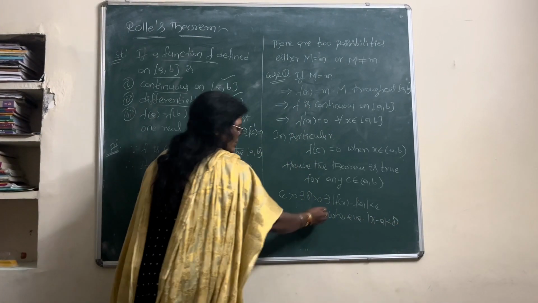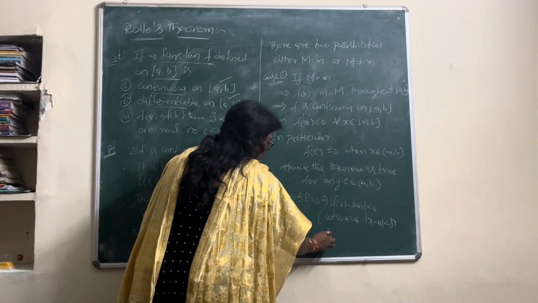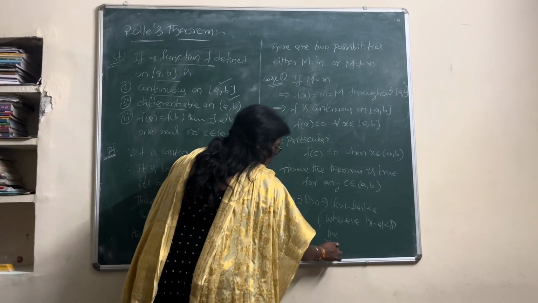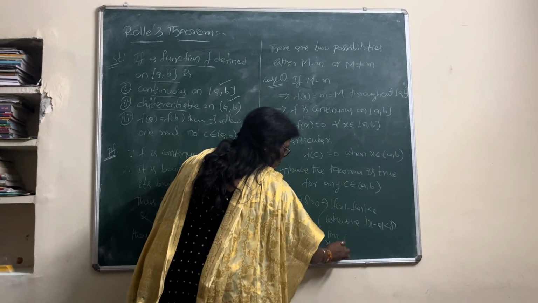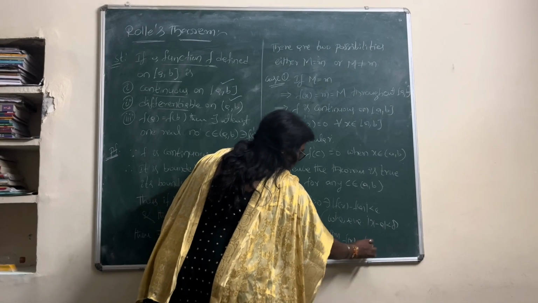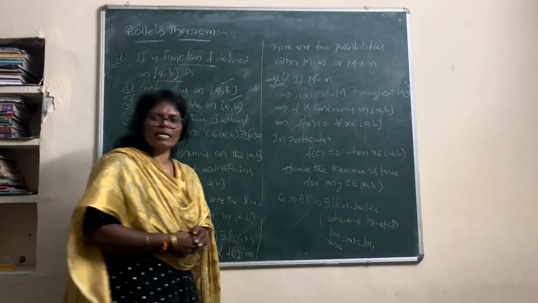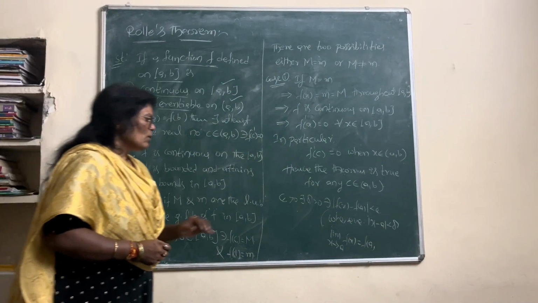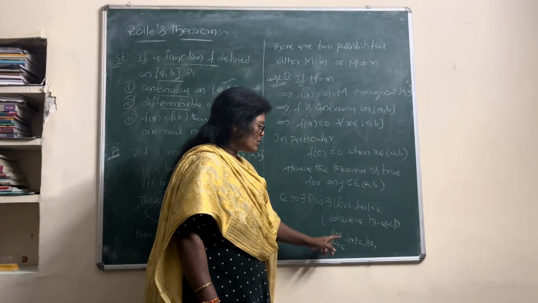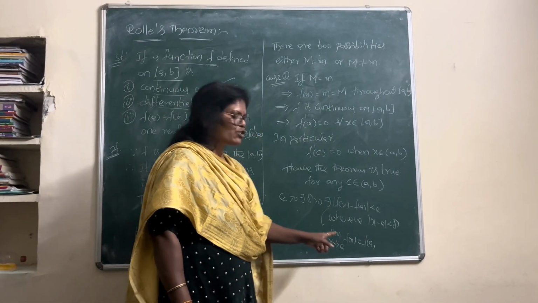That means the limit of the function as x tends to a, f(x), should be f(a), as epsilon is arbitrary. So the function f being continuous means it should satisfy this condition.